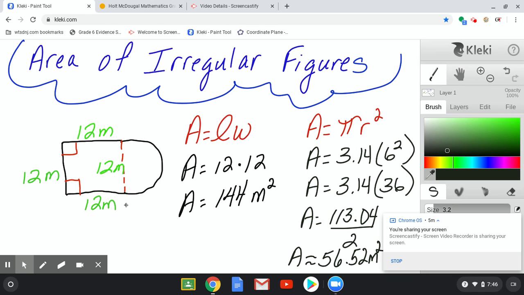So we now have to take our two areas and add them together. Let's go ahead and do that.